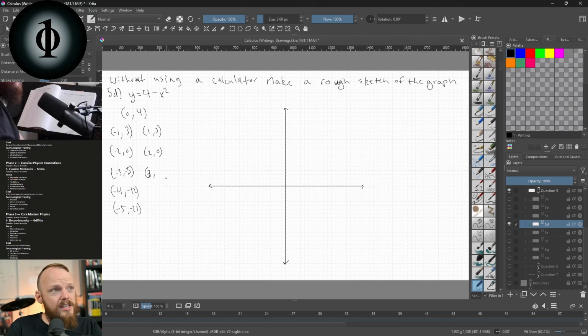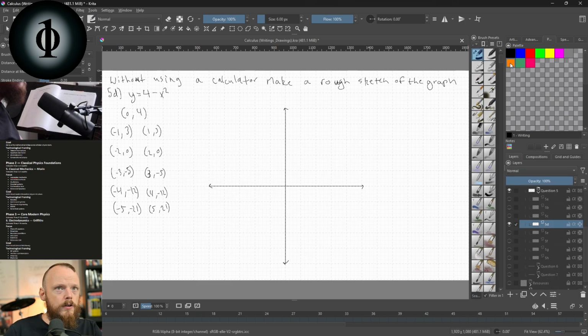Oh, yeah, -5. That makes sense. Y is always going to be the same because the x value always ends up positive. 4 squared, 16. 4 minus 16, -12. And this one I know. 5, -21. When x is 0, y is 4: 1, 2, 3, 4.